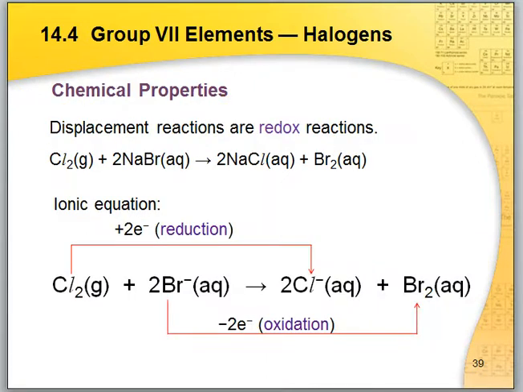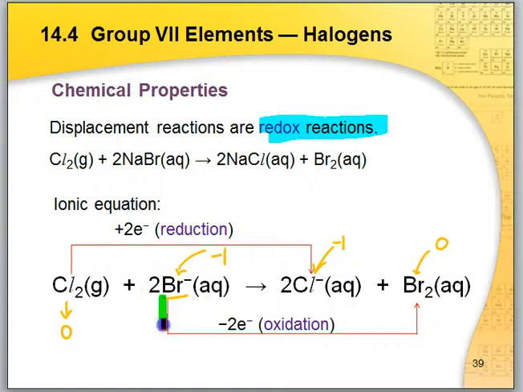Now, in actual fact, when you look at the displacement reaction, it is actually a redox reaction. If you simplify it, rather than looking at the gaining and loss of electrons, you can think of chlorine. Because it is an element on its own, the oxidation state is 0. Br here is negatively charged, so the oxidation state is -1, follow the charge. Chlorine here, oxidation state -1. Bromine here, an element on its own, oxidation state 0.